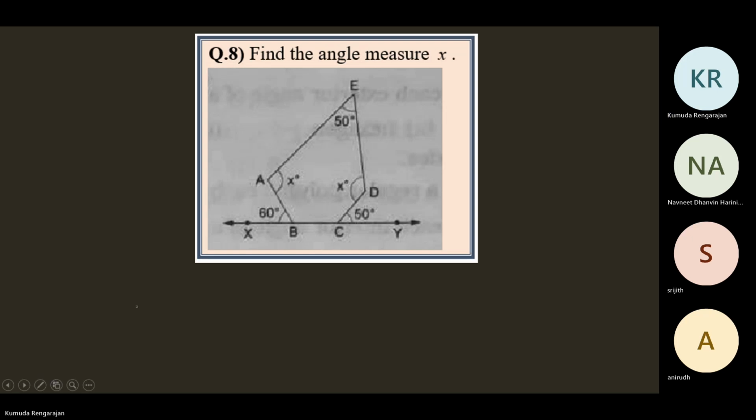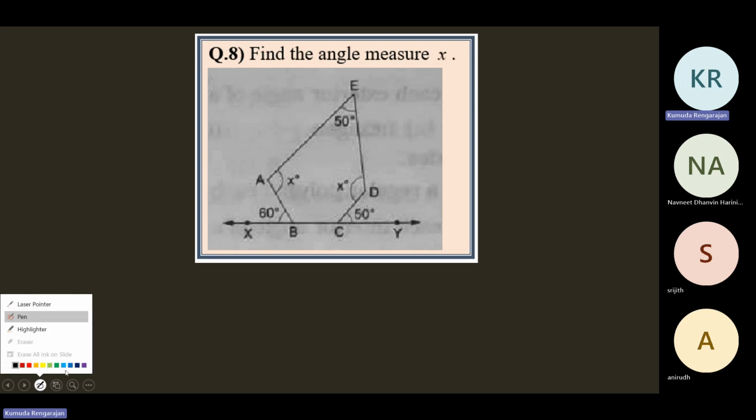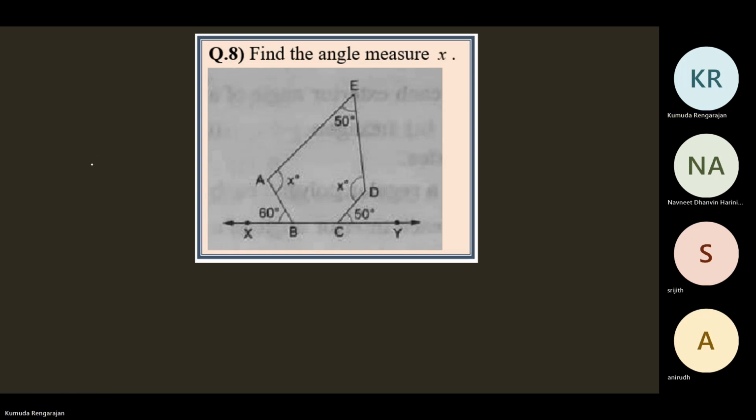Now, first tell me, name the polygon. Give the name for this polygon, like ABCD or PQRS.